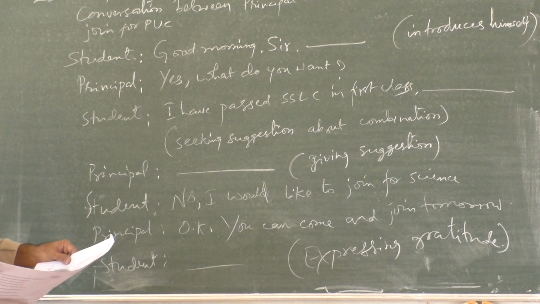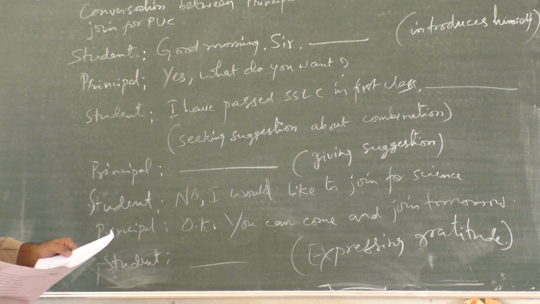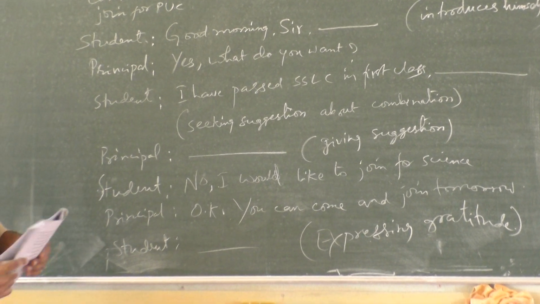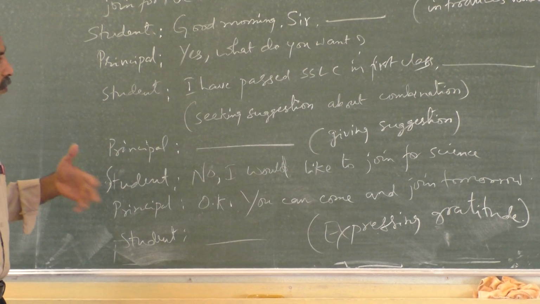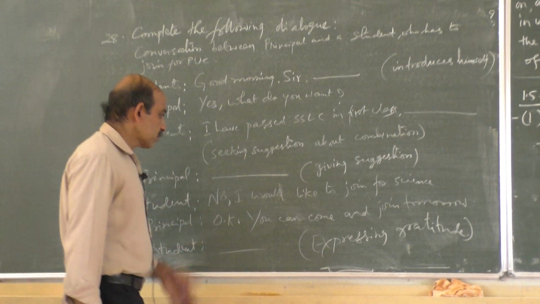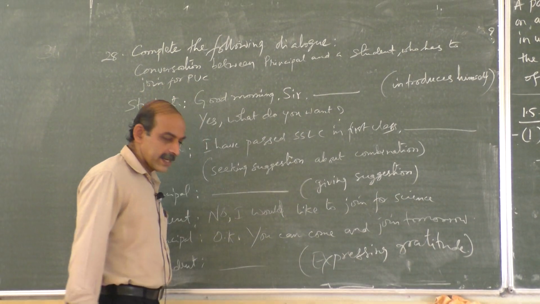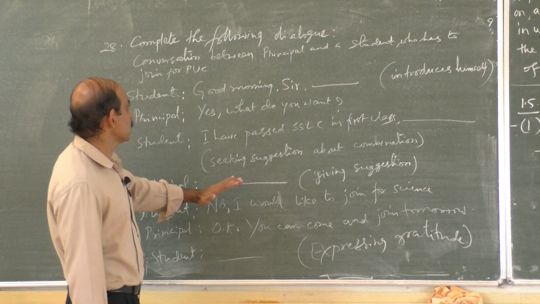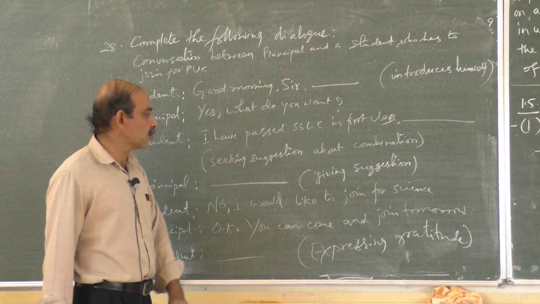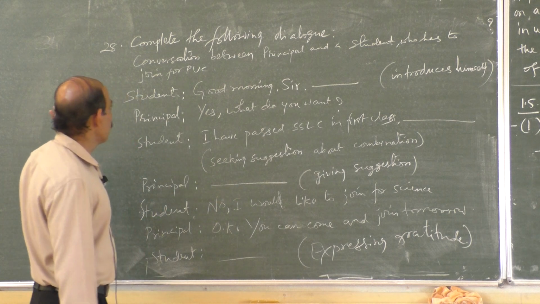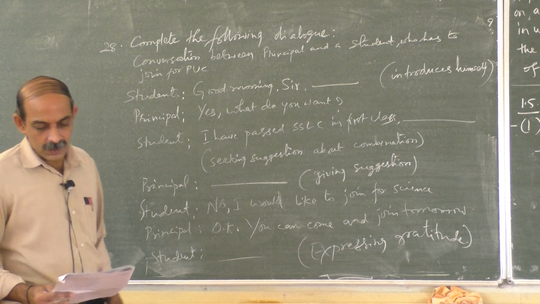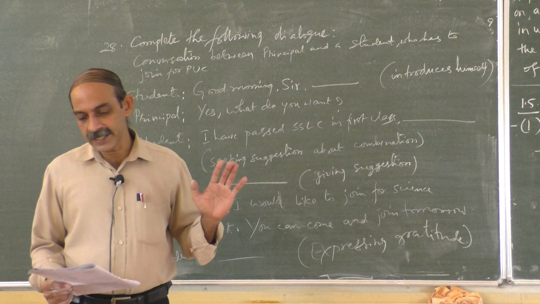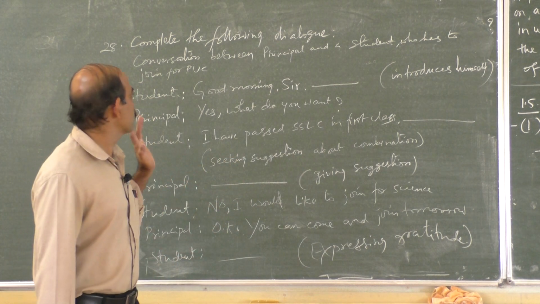Based on the knowledge of pronouns, you have a 4-mark question. So after 4 marks like that, your total score increases. Now clues are given, that is why once again it is very simple, but your duty is to read the entire paragraph first. That is, the conversation between a principal and a student who has to join for PUC.